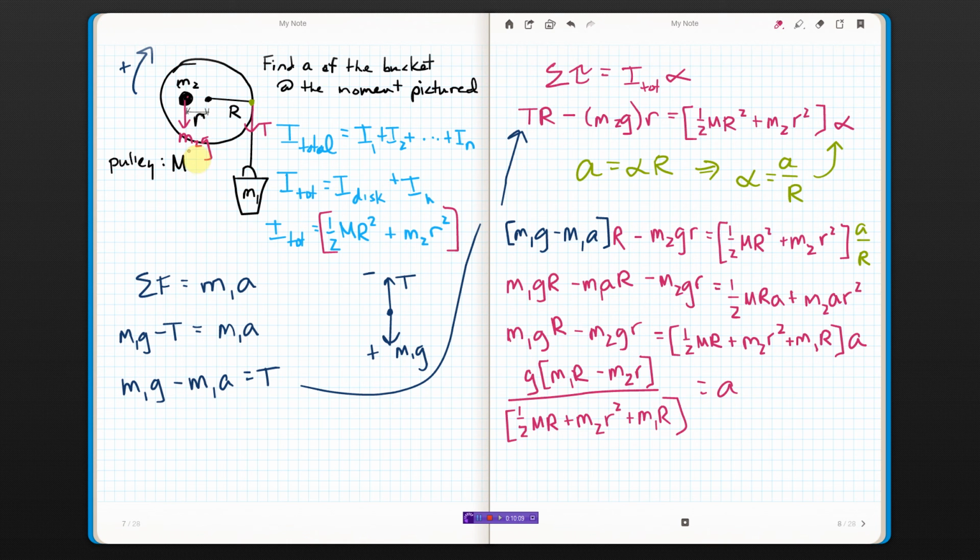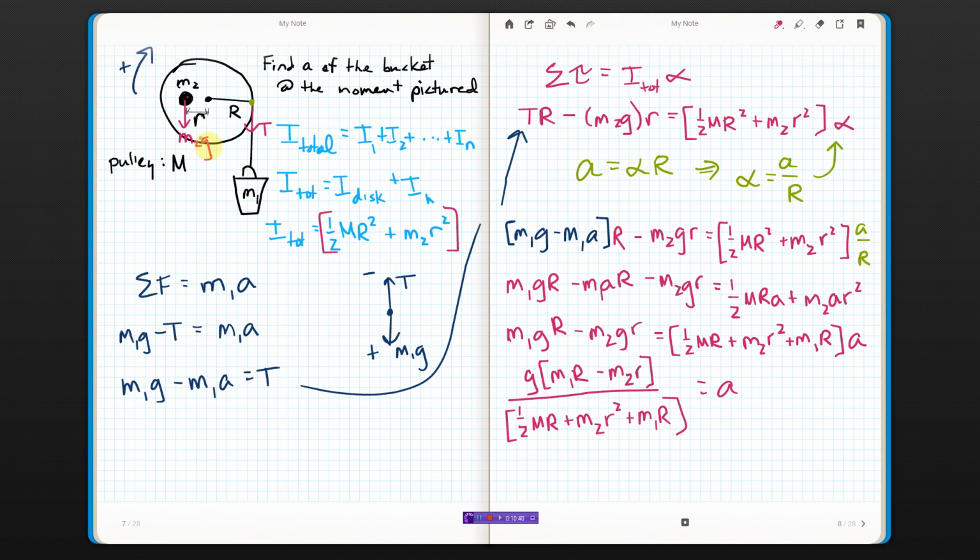If M2 is bigger than M1, it would have to be bigger, not just bigger absolutely, but M2 times little r needs to be bigger than M1 times big R, basically, to make the bolt win and make it roll up the bucket, if that makes sense.